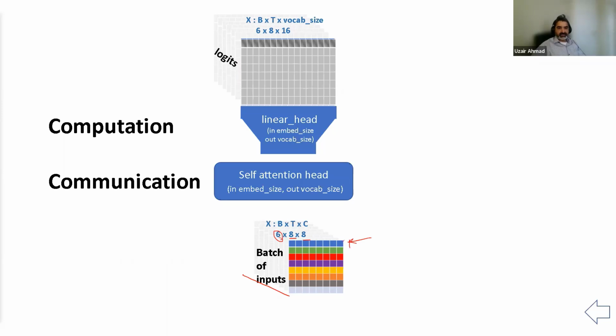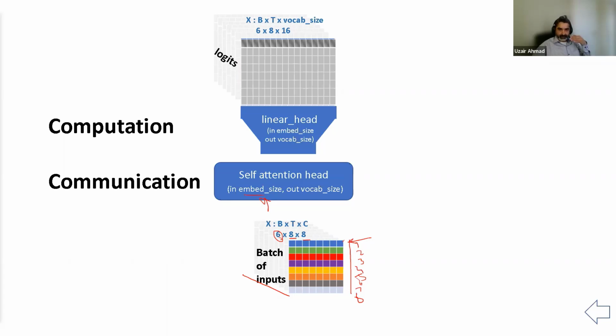And this is one sentence of 8 words. 1, 2, 3, 4, 5, 6, 7, 8 words. And we took randomly 6, 7, or 20 sentences, put them in a batch, and we are going to input them to self-attention head. Self-attention head has input layer of embed size.